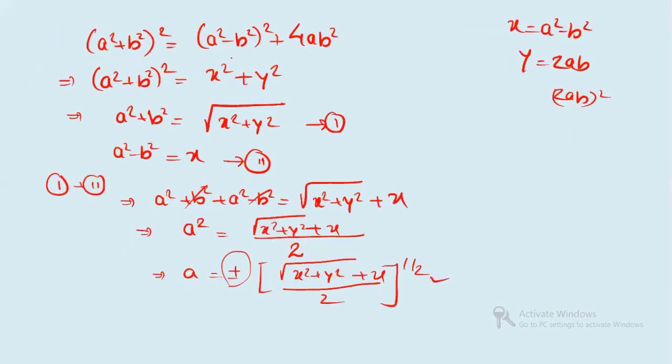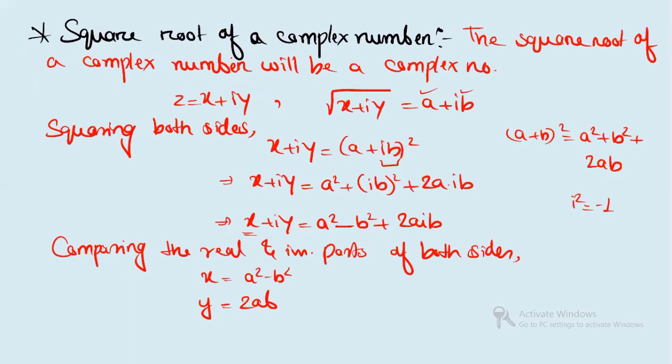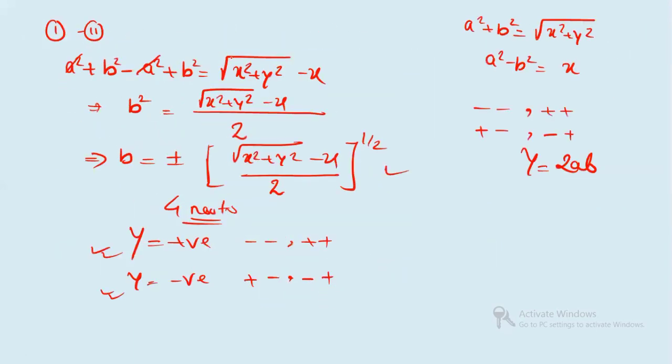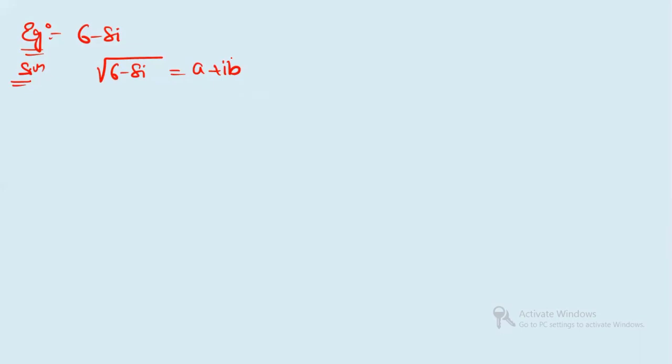So for this, you will take an example, 6 minus 8i. To find the square root of this 6 minus 8i, you will consider it to be a plus ib. We have seen in the first step that the square root of a complex number will be a complex number.